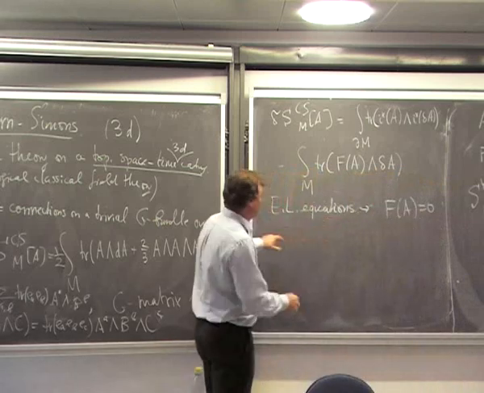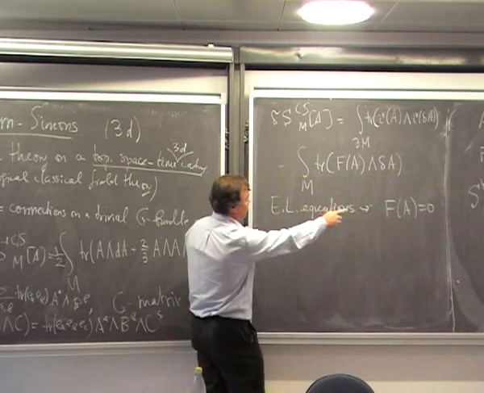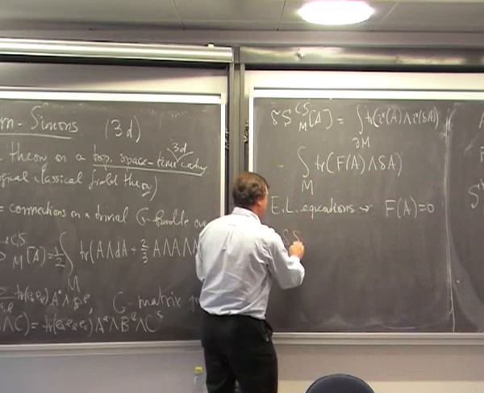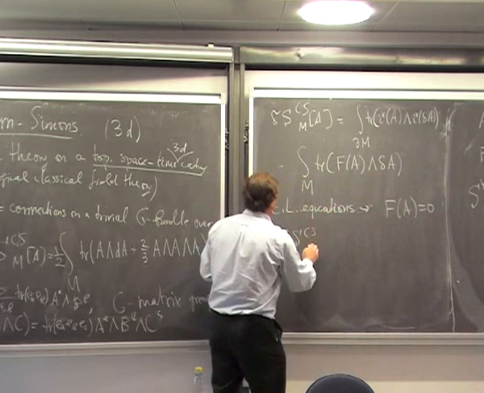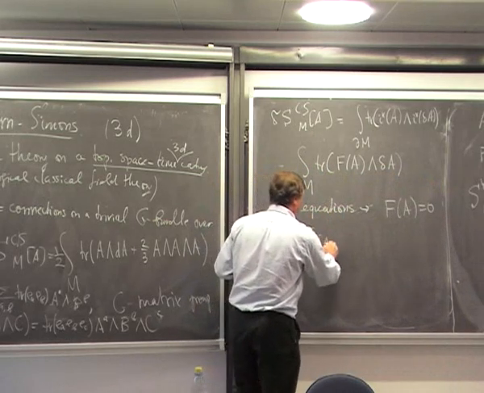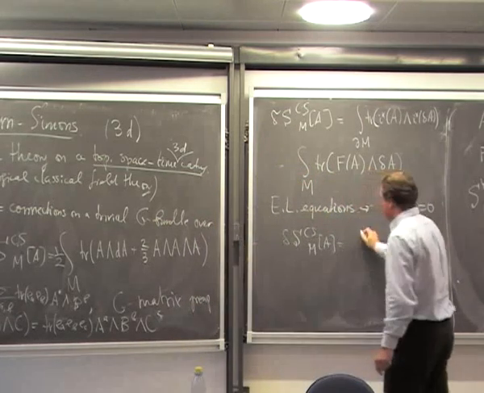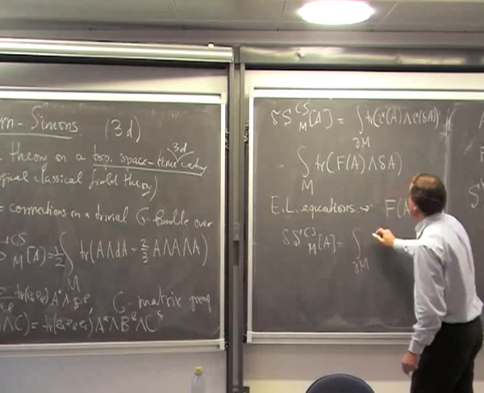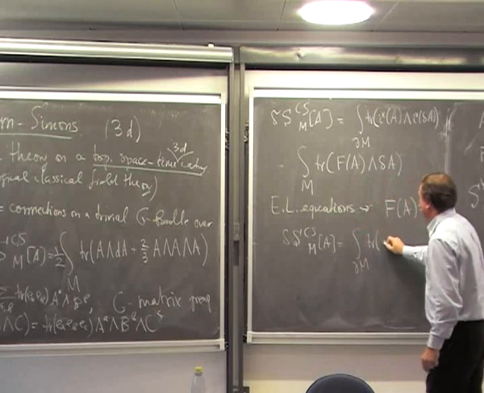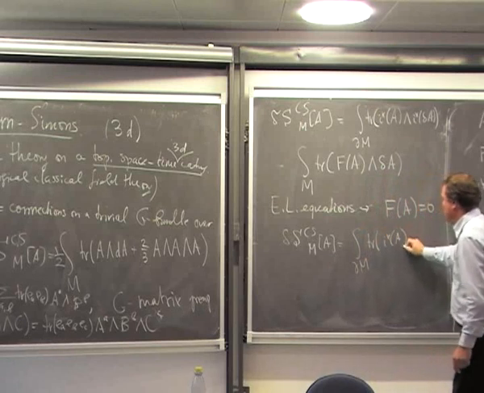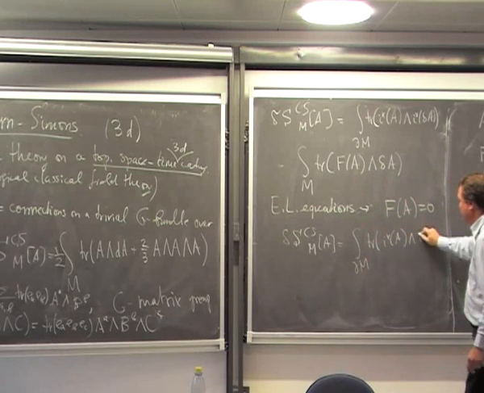And then provided that the Euler-Lagrange equations are satisfied, the boundary variation is given by that integral, which should remind you of first order Lagrangian mechanics.